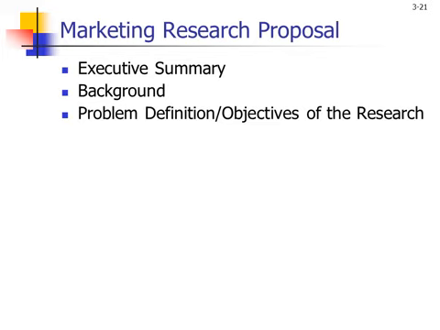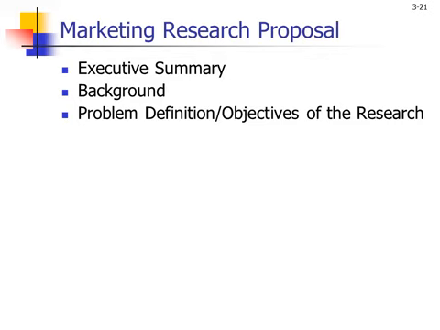Although the format of a research proposal may vary considerably, most proposals address all steps of the marketing research process and contain the following elements. The first element of the marketing research proposal here in our slide, number one, is the executive summary.